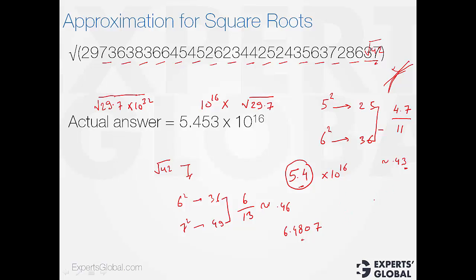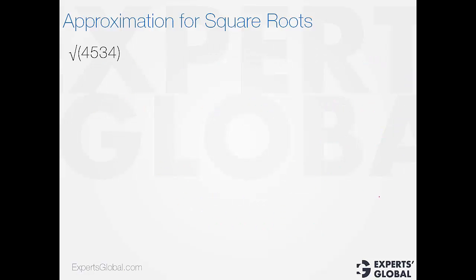Anyway, let's take something more practical. 4534. So first of all, take 10 square out. 10 square out means 10 comes out of the square root. 10 into square root 45.34. This is very close to the example we just took. So 36, 49, base becomes 13, and I have to travel only 9.34. 9.34 out of 13 is 0.72 something.